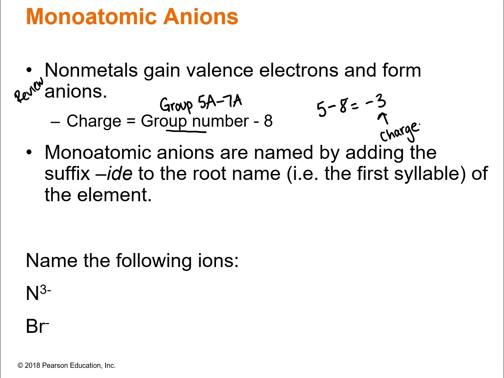Naming these monoatomic anions is new. What you're going to do is take the first syllable, which is the root of the name of the element, and then you're going to follow that by IDE. I'll show you what I mean. N3 minus. N, we know that as nitrogen.